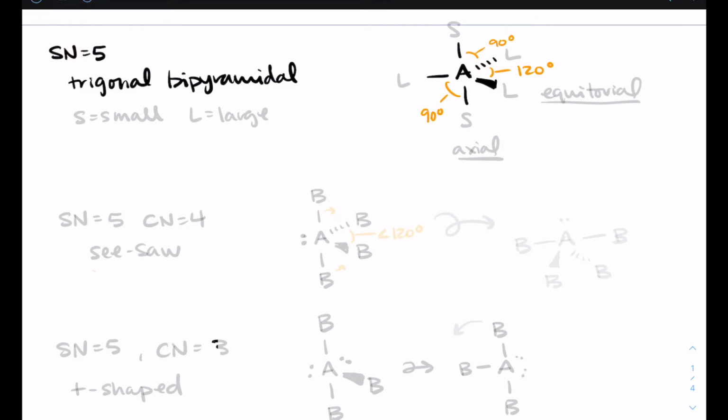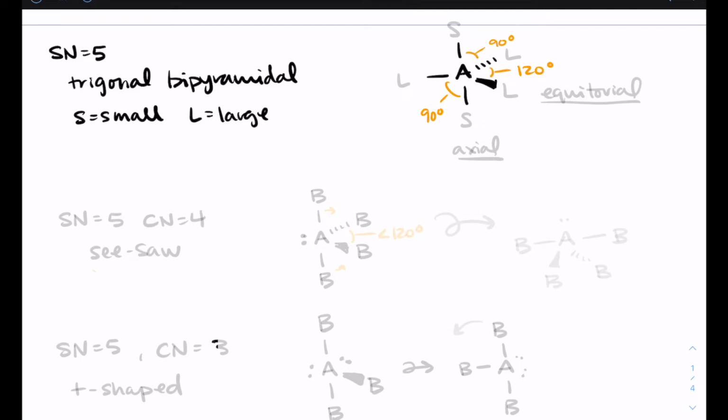When they get as far apart as they can get in 3D space, what they settle into is this sort of axis, right? Axial positions with an equator, which we call equatorial. So the bond angles: the equatorial things are 90 degrees away from the axial things, and the equatorial things are 120 degrees away from each other.